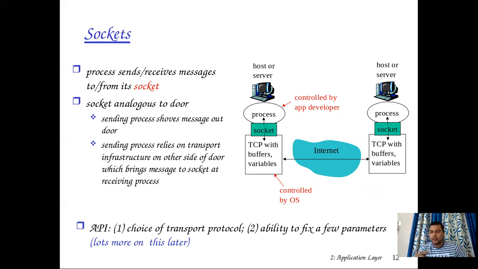But it requires an interface, and through that interface, as a designer, you can invoke those operations. So whenever the application process comes in contact with the transport layer, whatever message it passes, it will always pass through that socket.